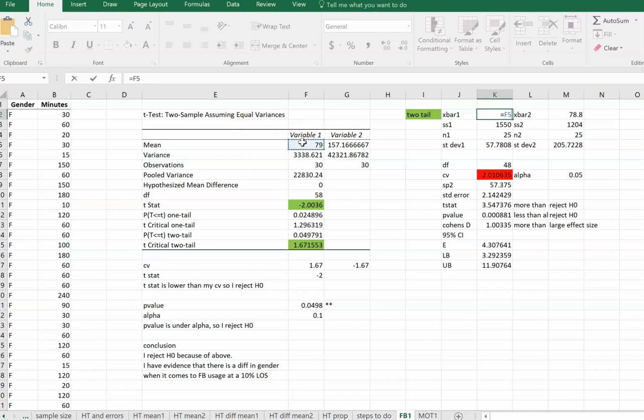The average over here is 79. The average over here is 157. Well, come on, look at the difference in the averages right away. 79 to 157, all right? That is a major difference, right? But is it different enough to reject? The answer is yes, by looking at all this stuff. So the question becomes, all right, what do we do here?